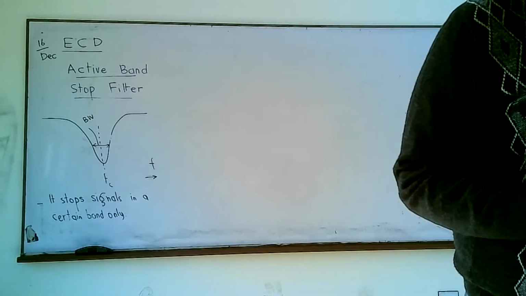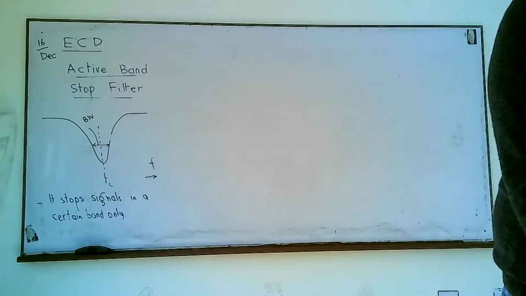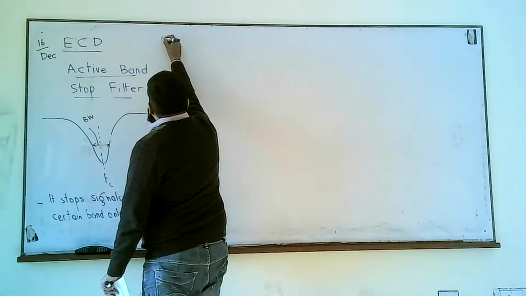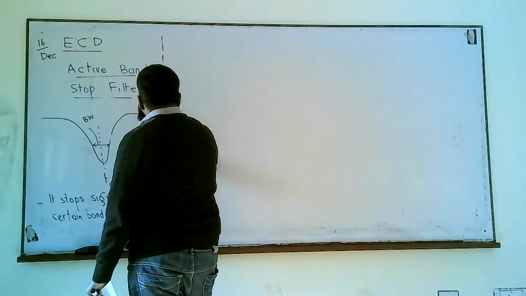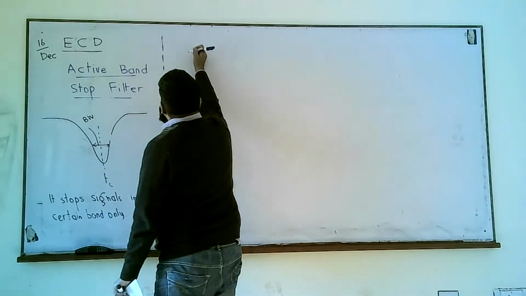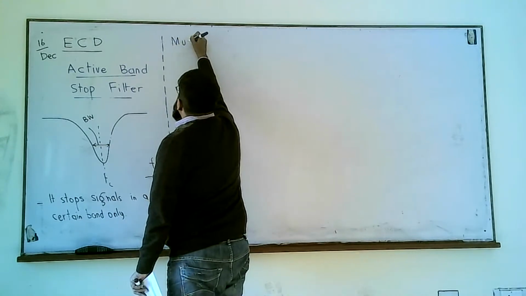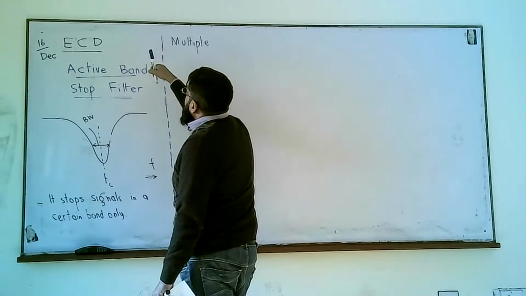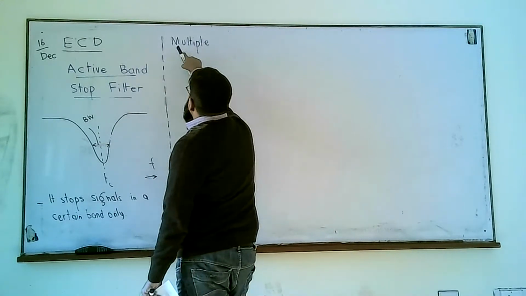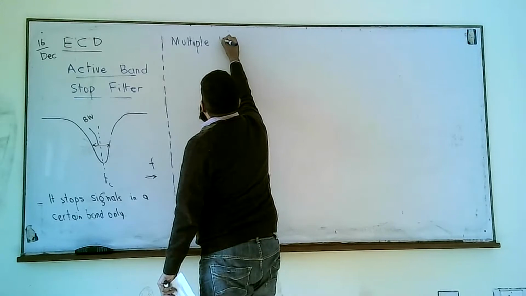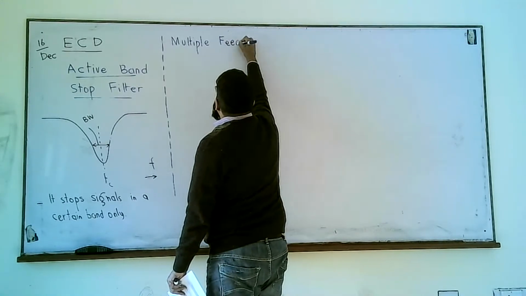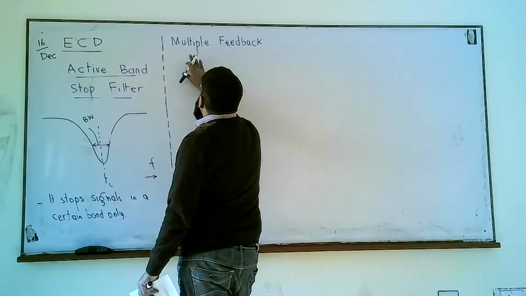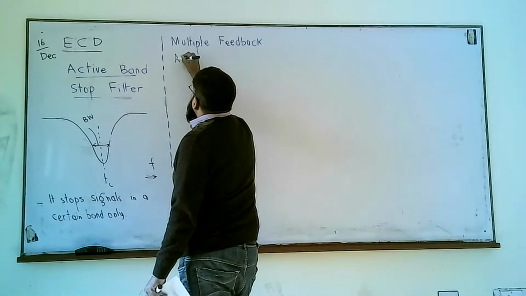Before this, we studied the multiple feedback band pass filter. In fact, that was the second type of band pass filter we studied, where we had multiple feedback connections from the output to the input.